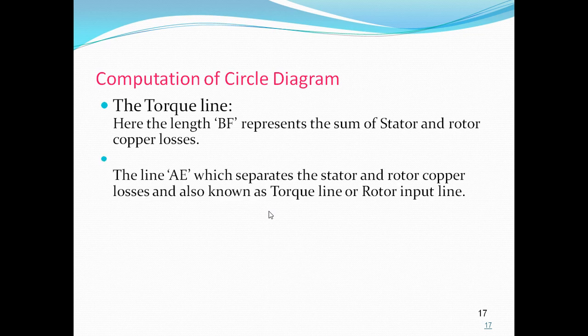Next, the line AE, which separates the stator and rotor losses, is known as the torque line. AE is called the torque line.